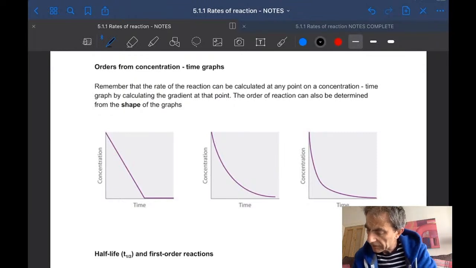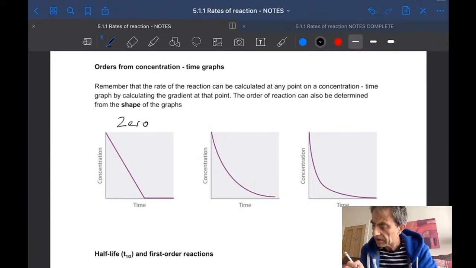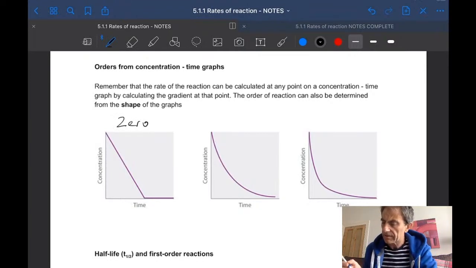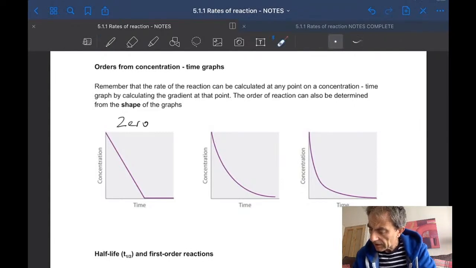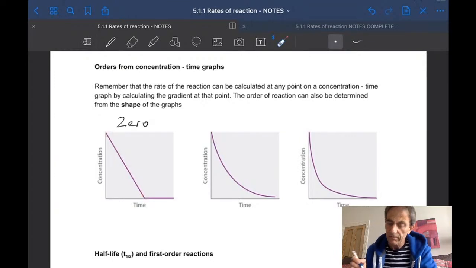So the first graph you've got is a 0 order. How could we justify that if we were asked to explain why we're saying 0 order? Well, we've just learnt that on a concentration time graph, the gradient shows us the rate of the reaction. This straight line graph has a constant gradient.